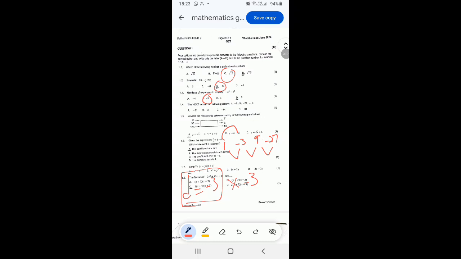Minus 3 times minus 3 is positive 9. 9 times minus 3 is minus 27. To get the next term, minus 27 times what? Minus 3. What's the next term? Let's see. Minus 27 times minus 3 is 81. So our answer is D.